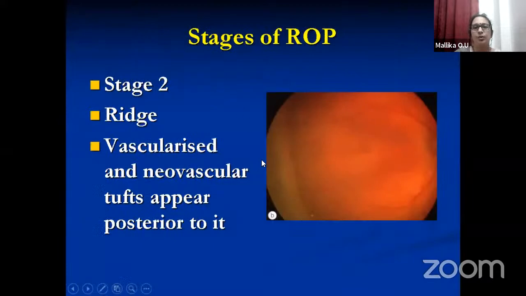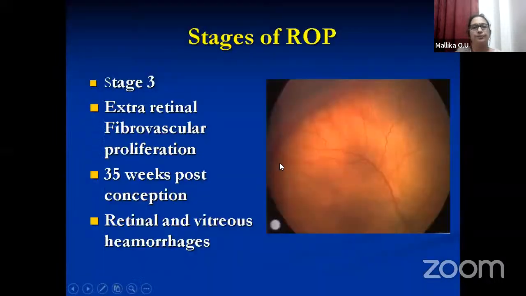In stage 2, you can see instead of that line, it becomes a broad ridge-like, slightly elevated area with a small vascular tuft between the normal vessels and the avascular retina. So the line becomes a ridge, with a 3-dimensional appearance.